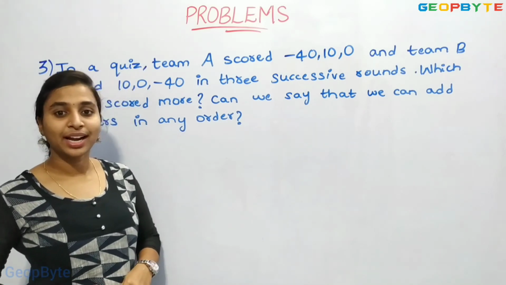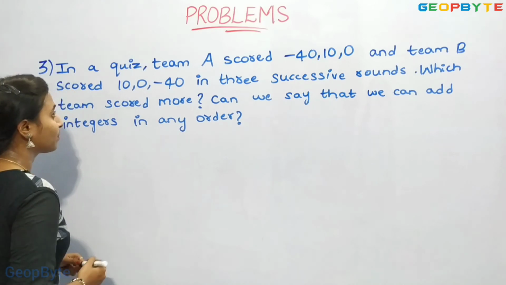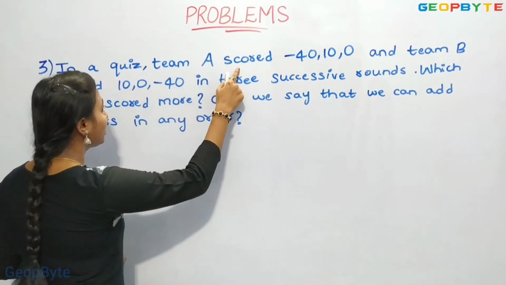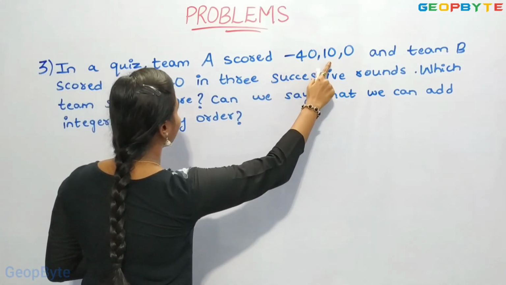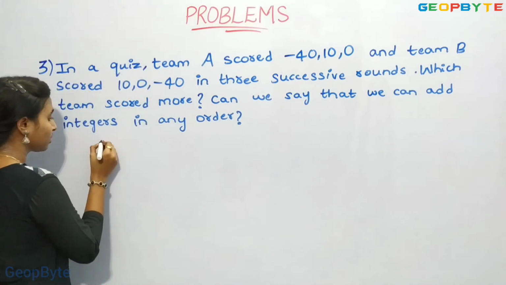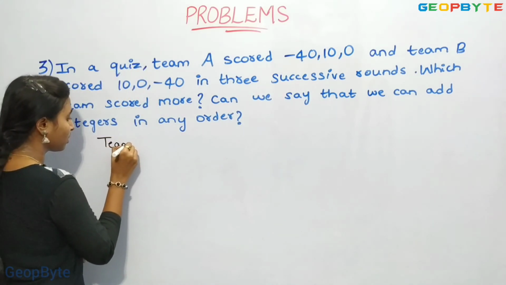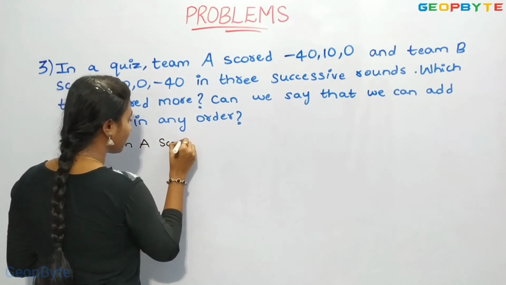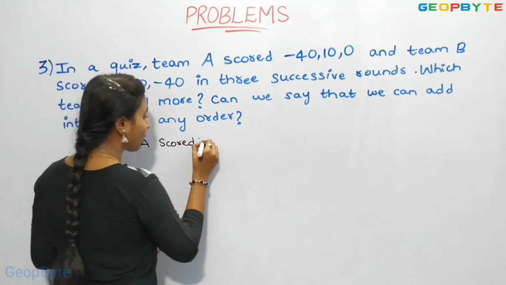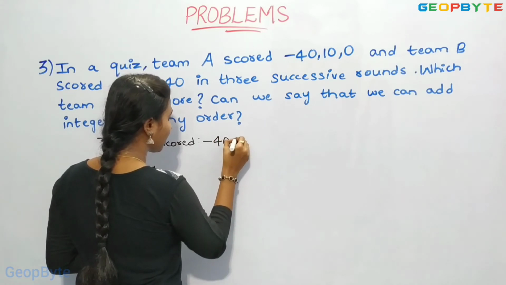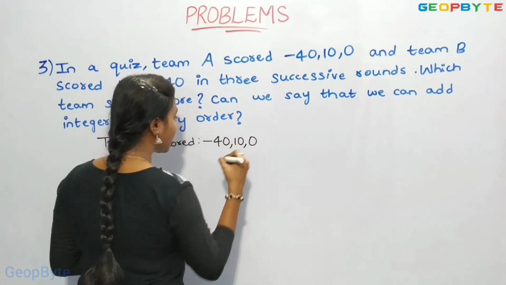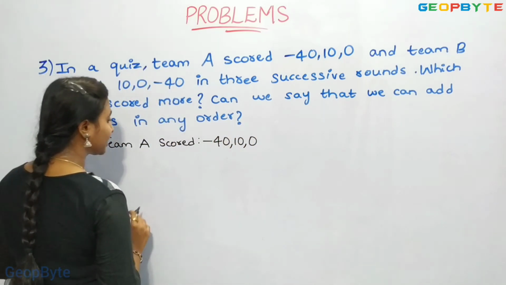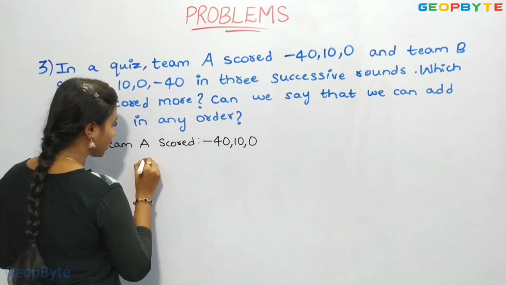First, let us write the given data. Team A scored minus 40, 10, 0. Now let us add these scores.